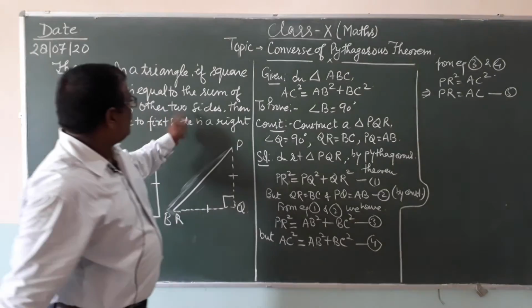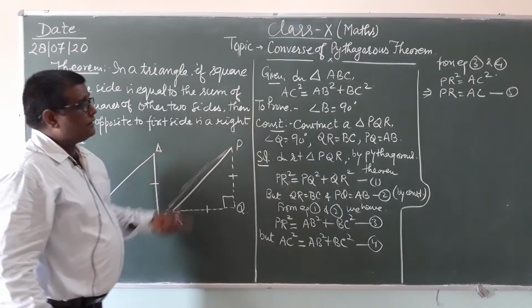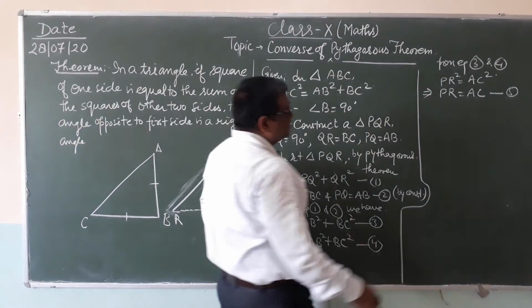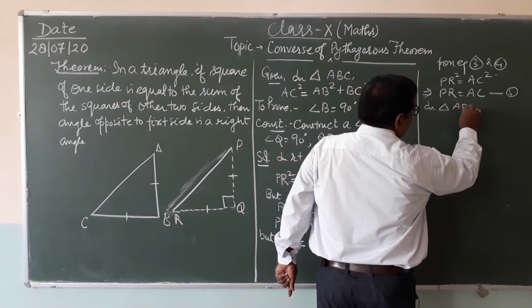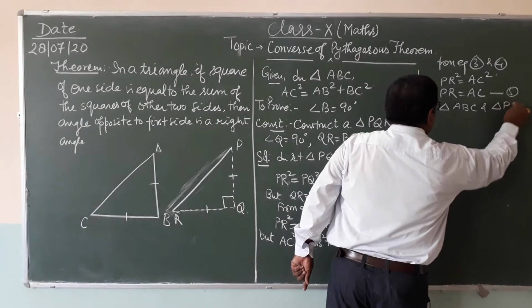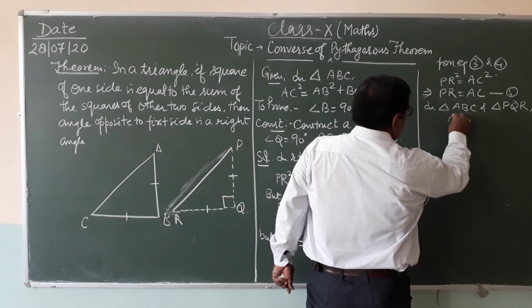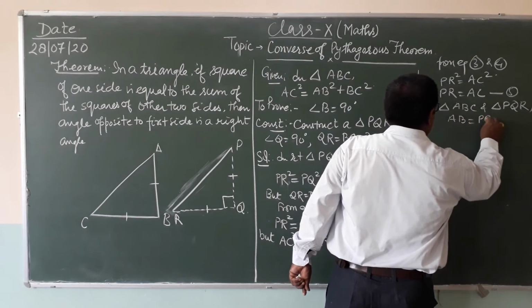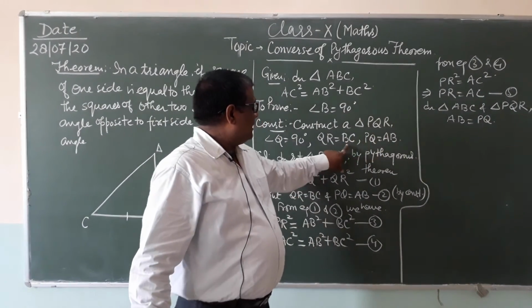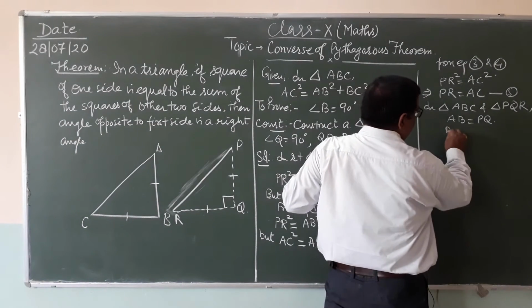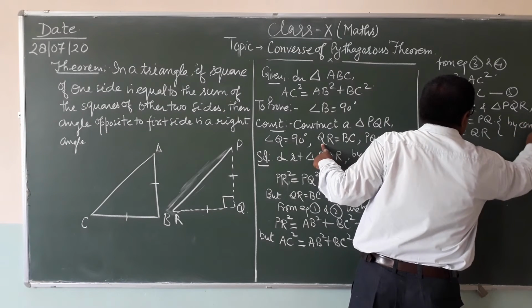Now, in triangle ABC and triangle PQR, AB is equal to PQ and BC is equal to QR, both by construction.